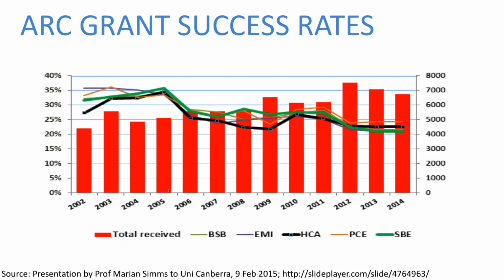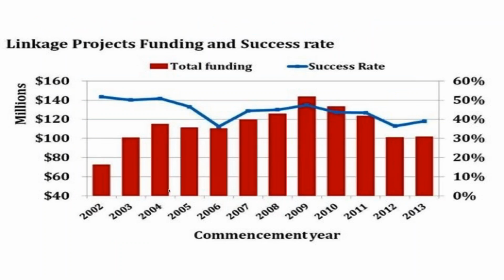But when you look at success rates for things like linkage grants or the NHMRC equivalent, the partnership grants, they're getting closer to 40% and 50%. So just by having an industry partner, you can increase your chances of grant success, let alone trying to get industry specifically to fund a project.